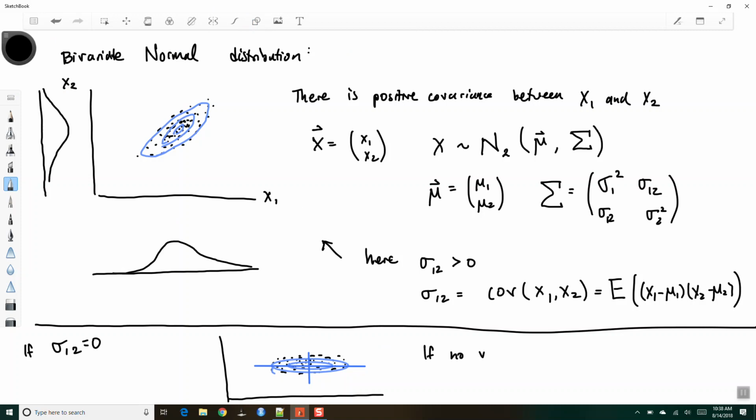If no covariance, the axes of the ellipse are parallel to the x1 and x2 axes.